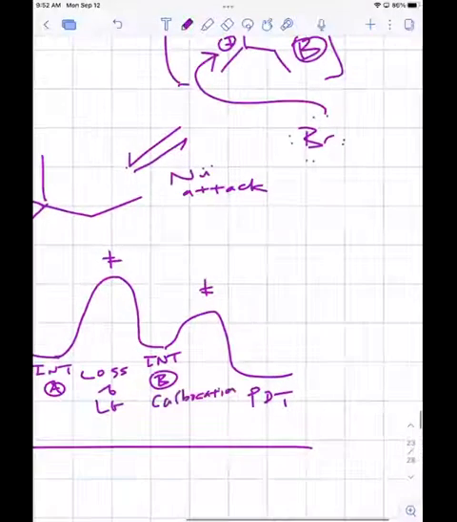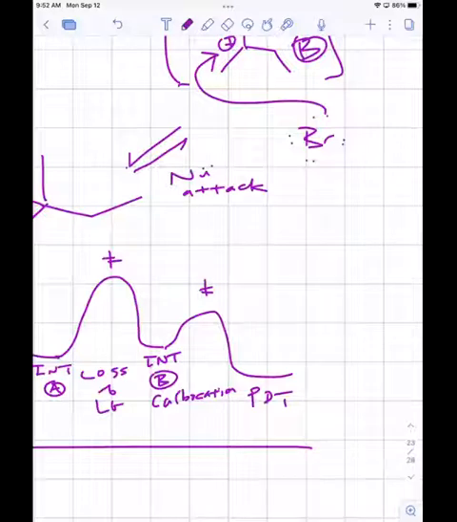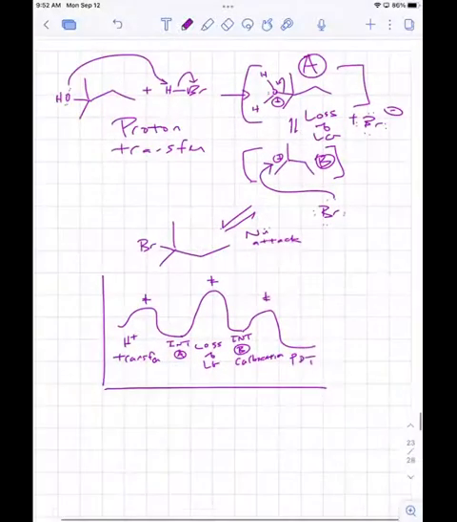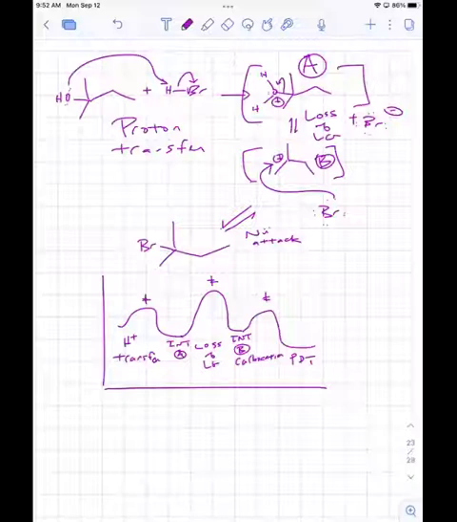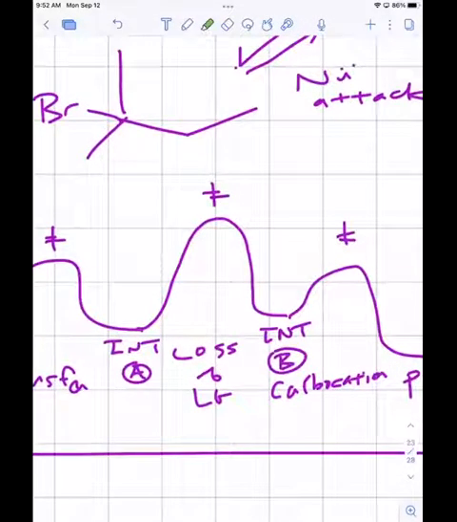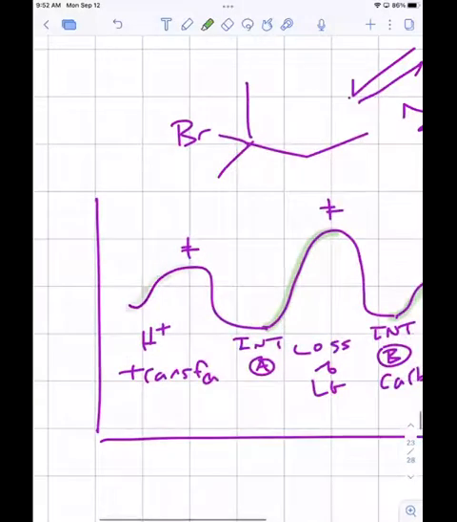And then the final step in the mechanism is the attack of bromine, right? So that leads you to your product. So the energy diagram is representative of the overall reaction. You have to show every step. The energy to get to the transition state in each step is relative because we don't know that. It's just estimated.